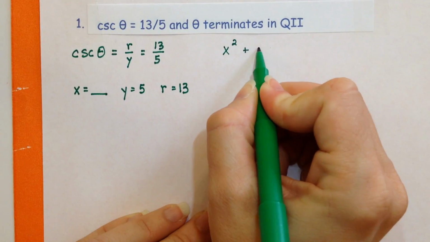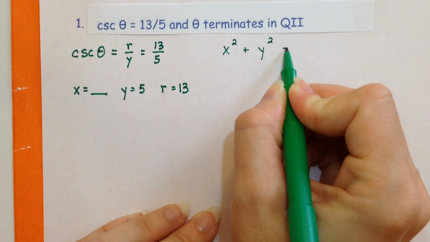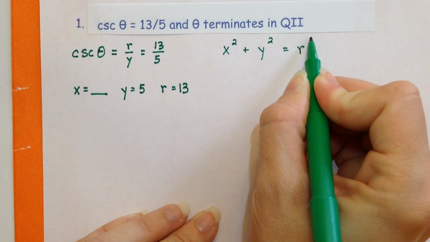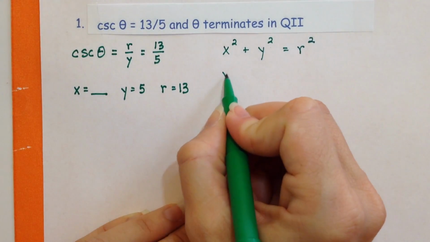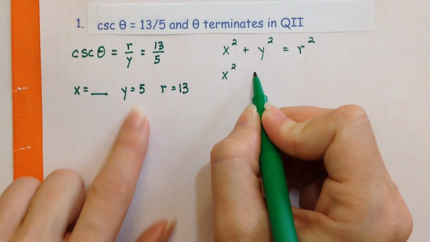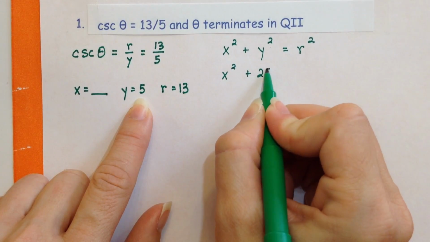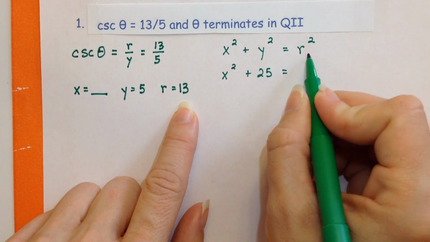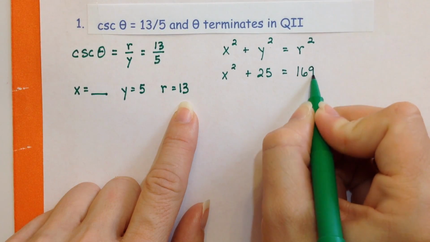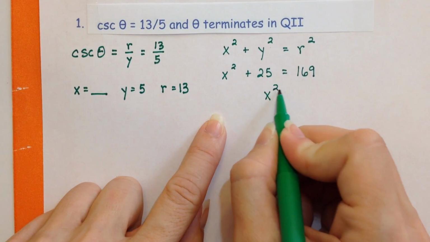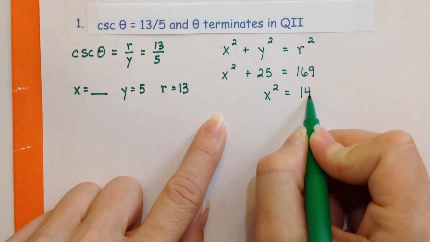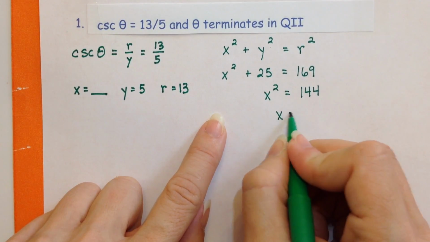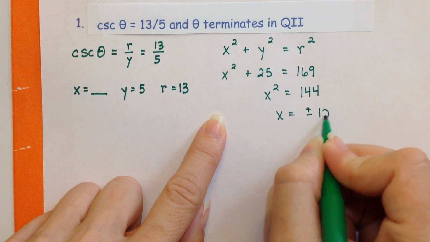Of course, we're using the one that's in terms of x, y, and r instead of a, b, and c. Okay, so we know that y is 5, so y squared is going to be 25. We know that r is 13, so r squared would give us 169. Subtract your 25, so we get 144. So x is equal to plus or minus 12.